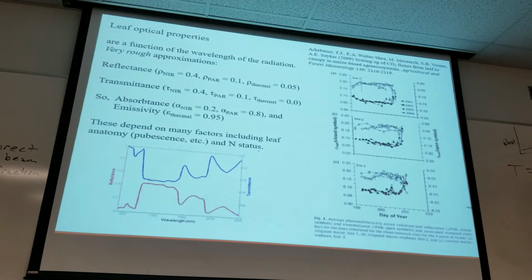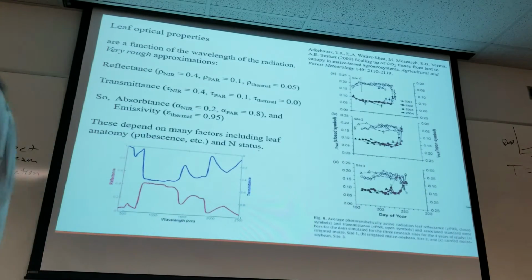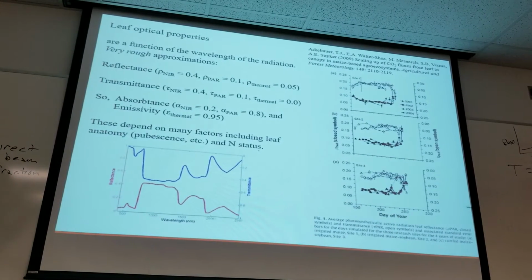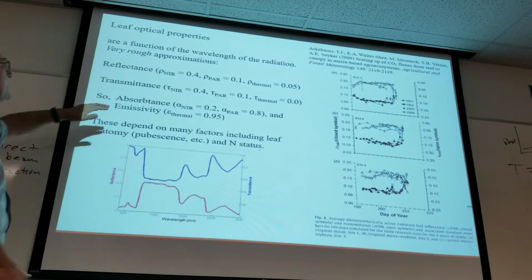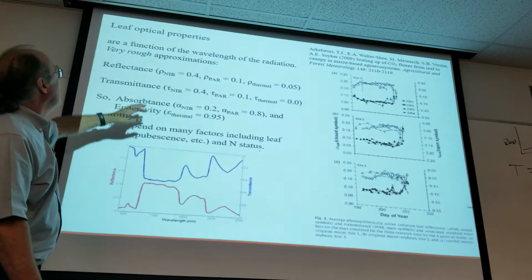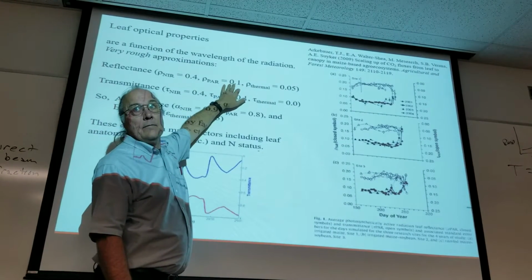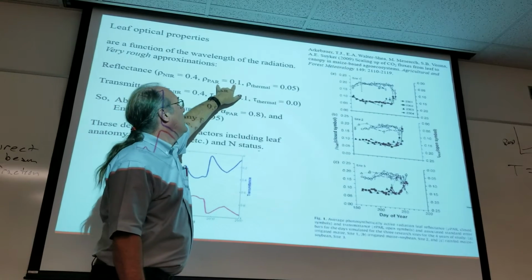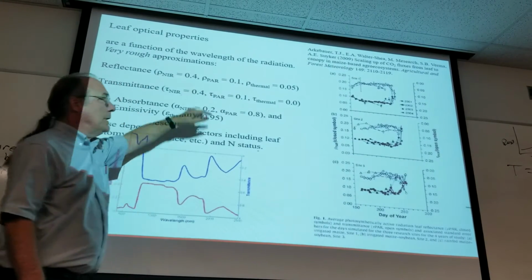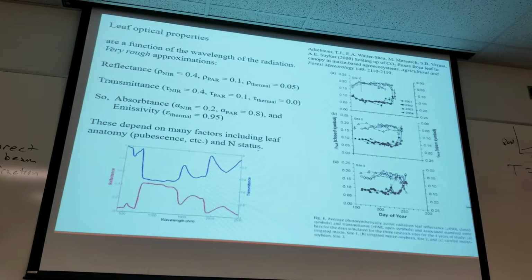Okay, so the leaf optical properties depend on what wavelength you're talking about. Here are some rough approximations. The reflectance from a leaf is about 0.1, 10% in the visible part of the spectrum, and about 0.4, a lot higher, in the near infrared part of the spectrum.